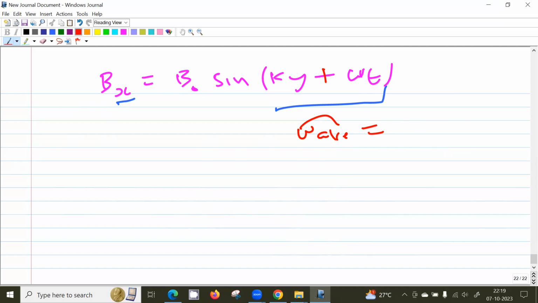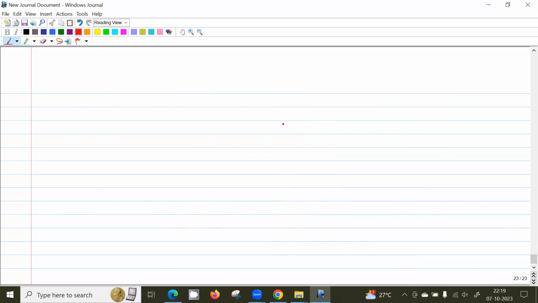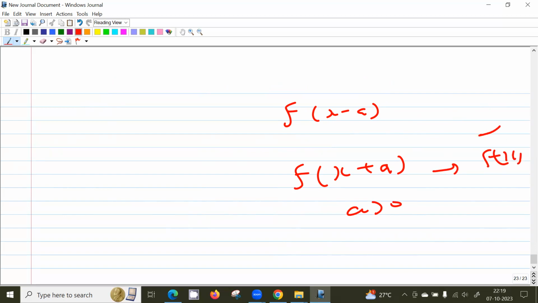Minus Y cap. Because f of x minus a is f of x shifted towards the right by a, but f of x plus a, where a is positive, is f of x shifted towards the left. So this is a wave in the minus x direction.